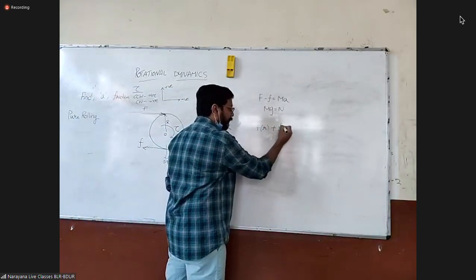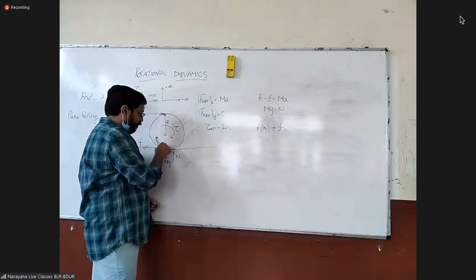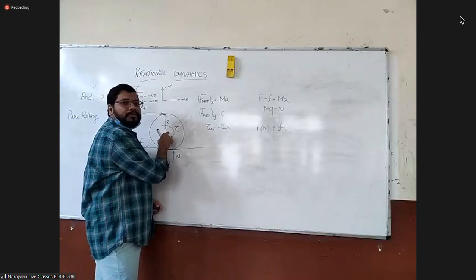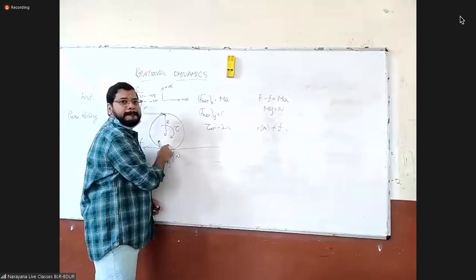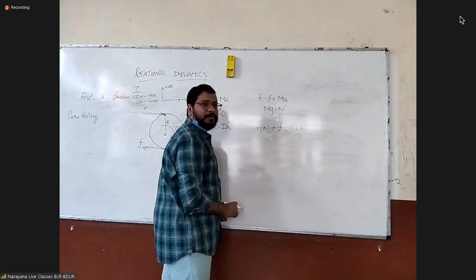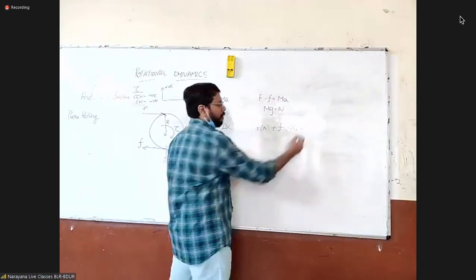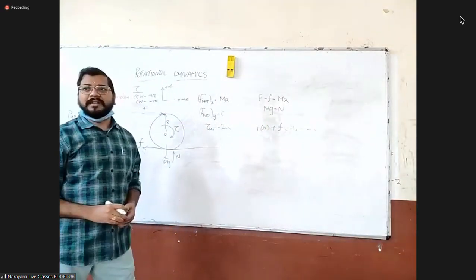Plus f into R, because this friction is below the point of reference, is equal to I alpha.